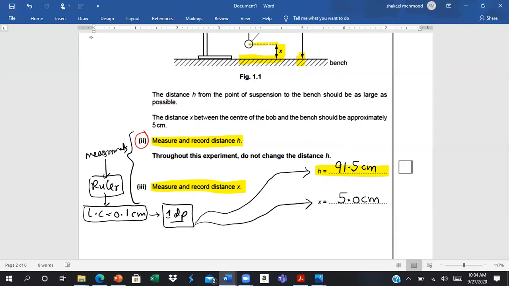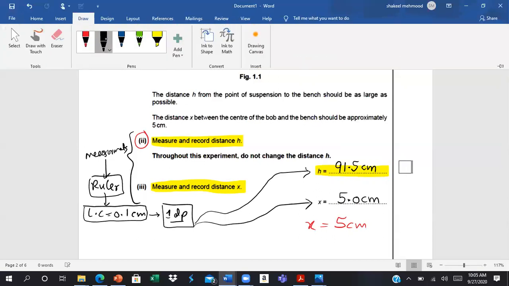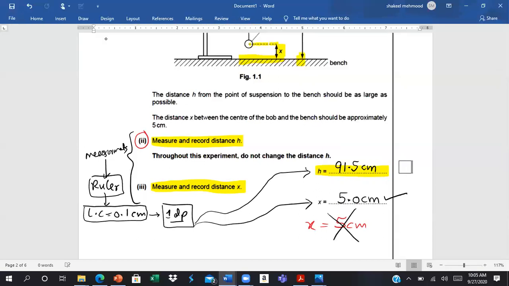So these two values are expressed in one decimal place, like 91.5. So 0.5 is one decimal place. Similarly for x, you have to write 5.0. If you just write this as 5 centimeter, like x equal 5 centimeter, then this value would be considered incorrect. So this is the correct way to write.